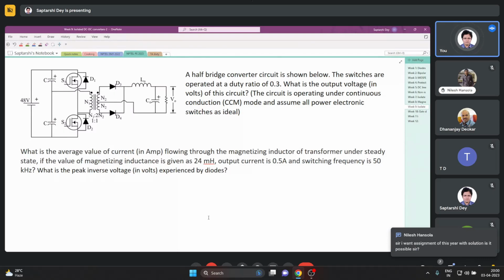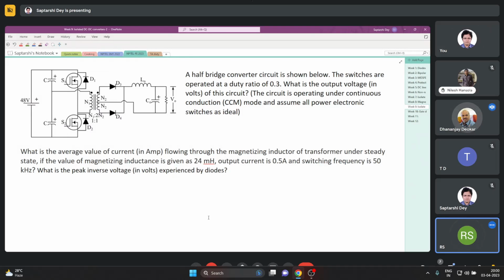Sir, I want the assignment of this year with solution. Is it possible, sir? I believe they release the assignment solution every week, don't they? Up to assignment 9 it is over. No, I am asking about the solution. They're releasing the solutions also, right? Cumulatively for 3 weeks they are releasing, sir. Every 3 weeks you will get it. Obviously, you will not get it before submitting.